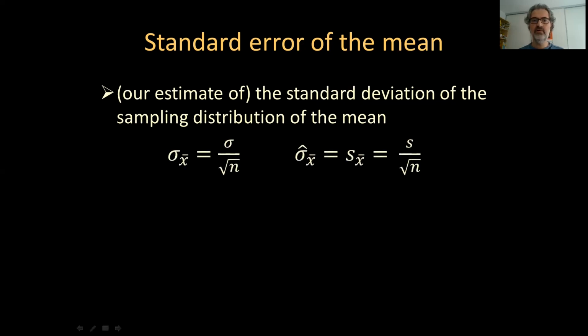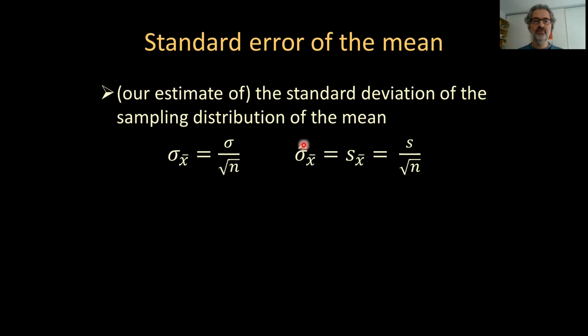The standard error of the mean that is theoretically expected, which is based on all the possible samples with the same sample size drawn from the population, is equal to the standard deviation of the population divided by the square root of the sample size we are using.